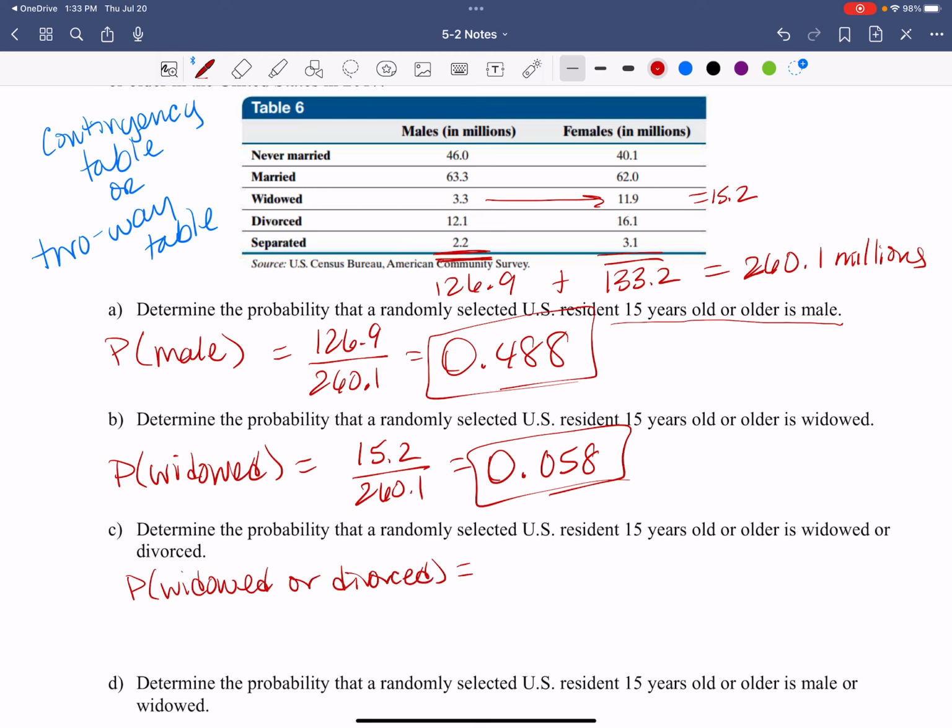So let's figure out widowed we've got. In order to figure out divorced, let's add those up. What's 12.1 plus 16.1? 28.2? Okay. So widowed is 15.2 out of my total. Divorced is 28.2 out of my total.